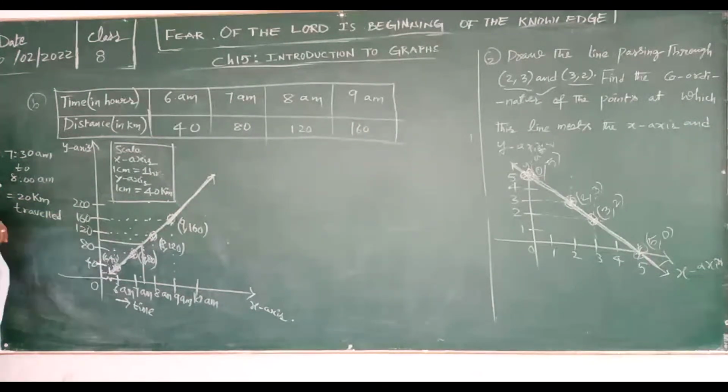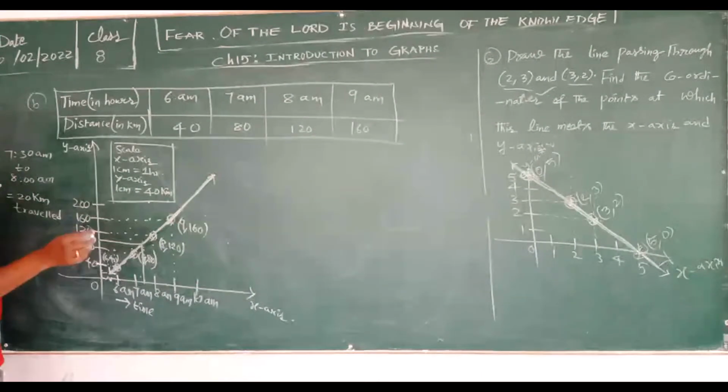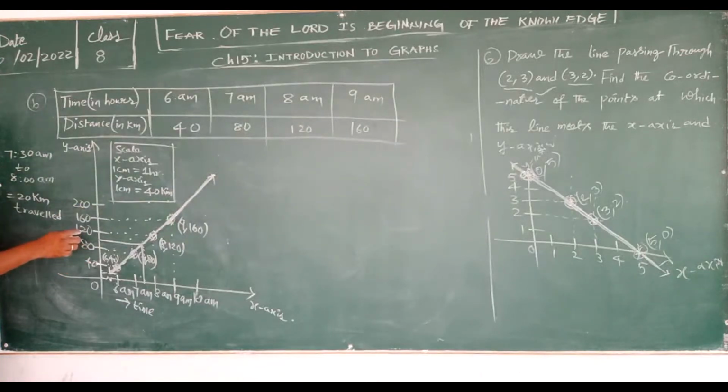Okay. For this, write any steps. What was the time when the car had covered a distance of 100 kilometers since it started? So you need to find 100 kilometers, where it is between 80 and 120.